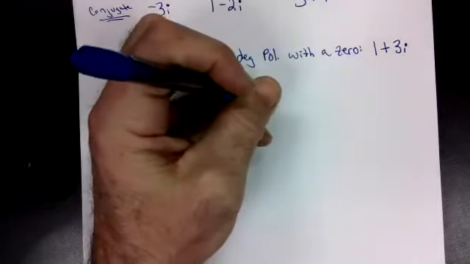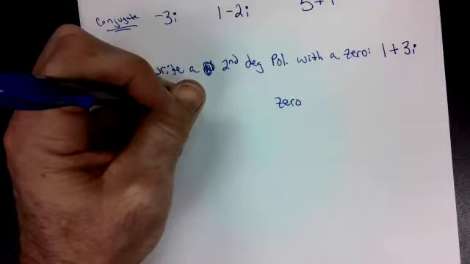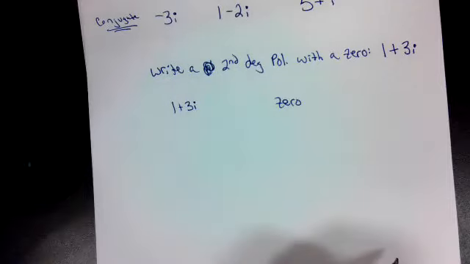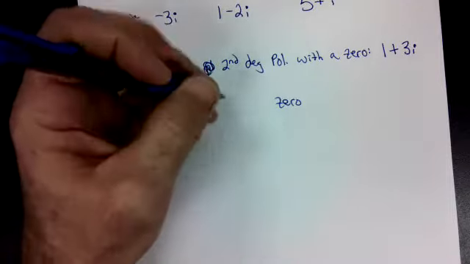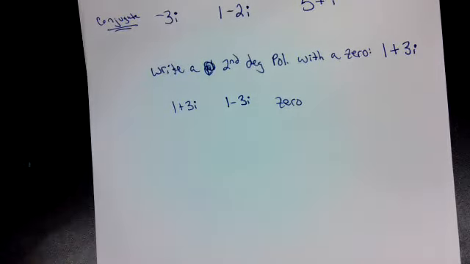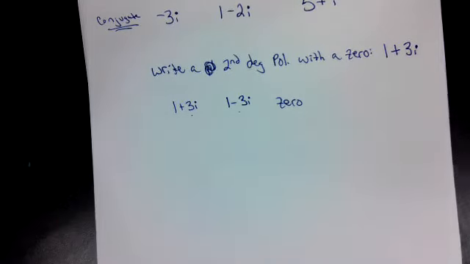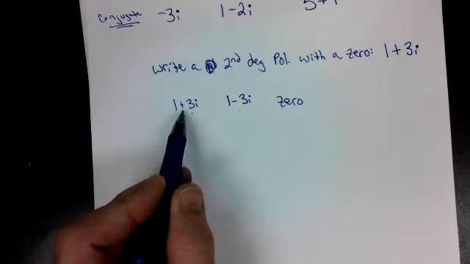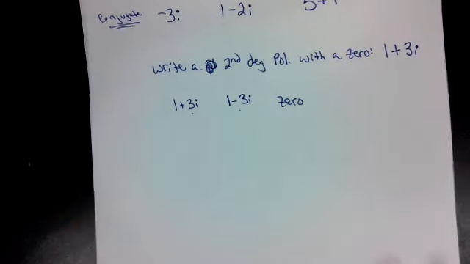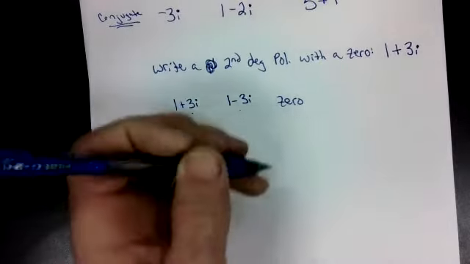Again, the first thing we have to understand is if 1 plus 3i is a zero, so is 1 minus 3i. Again, non-real complex zeros always come in pairs. 1 plus, 1 minus.